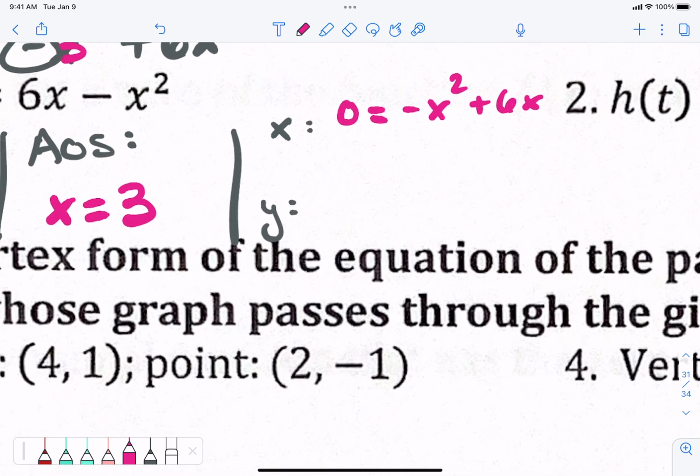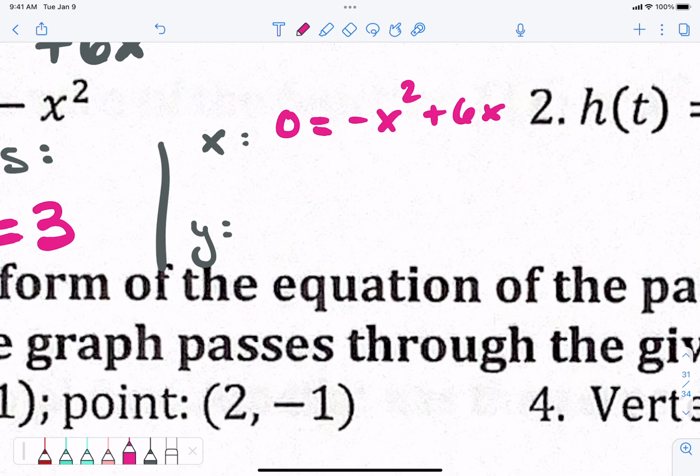This one's the hard one to do. What are you going to do for that? Let's pull an x out. 0 equals x times negative x plus 6. If I set them equal to 0, x equals 0.